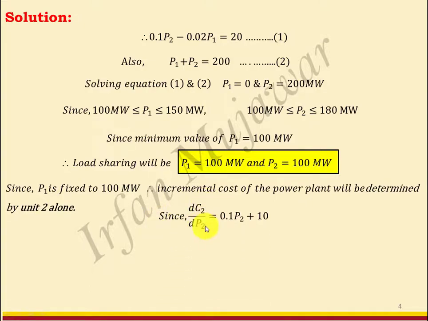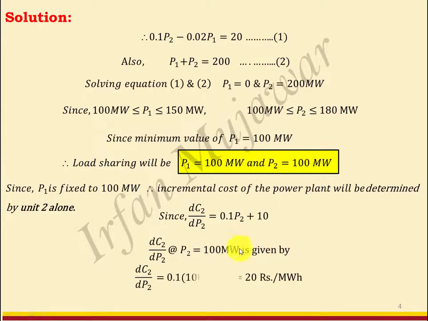How much is dC2/dP2? We determined that it is 0.1 P2 plus 10. And P2 is 100 megawatt. So dC2/dP2 at P2 equal to 100 megawatt is found by putting this value of P2 here: 0.1 into 100 plus 10, which equals 20 rupees per megawatt hour.